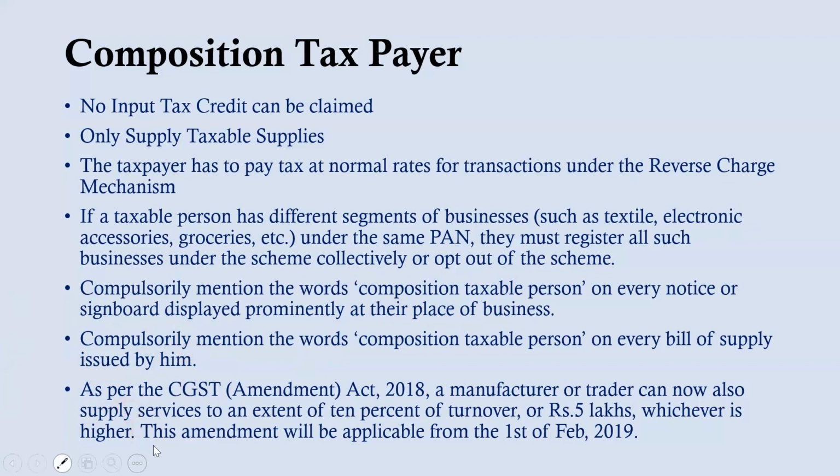As per the Amendment Act of 2018, a manufacturer or trader can also supply services to an extent of 10% of turnover or rupees 5 lakhs, whichever is the highest.